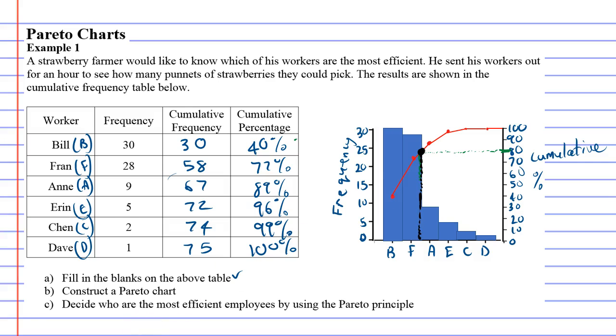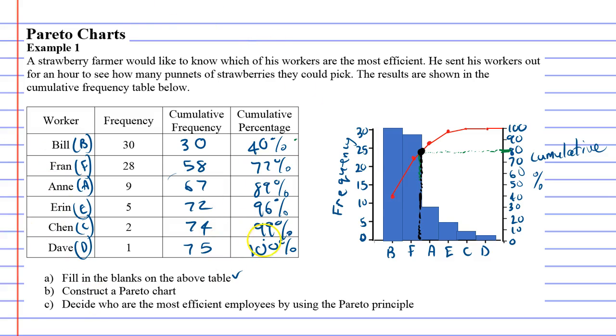Now when we look at this black dotted line that comes down, this is really important. Anything to the left of the black dotted line represents your 20%. So to the left of the black dotted line is Bill and Fran. Bill and Fran represent the 20% of employees who do 80% of the work.